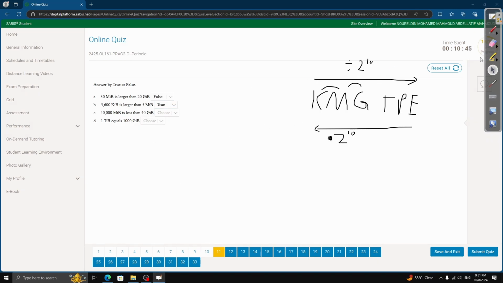40,000 mebibytes is less than 40 gigabytes. This one, once again, you move back. I'll just represent it as to the power of 10 because I don't want to write all those zeros. MiB is either less than or greater than 40 times 2 to the power of 10 MiB.